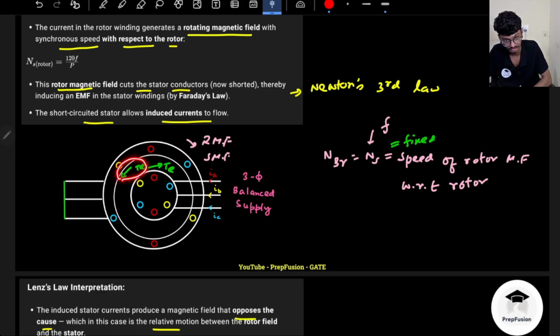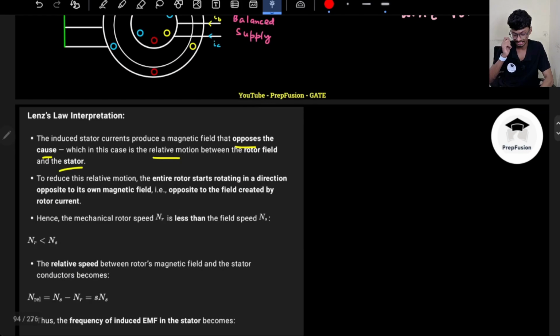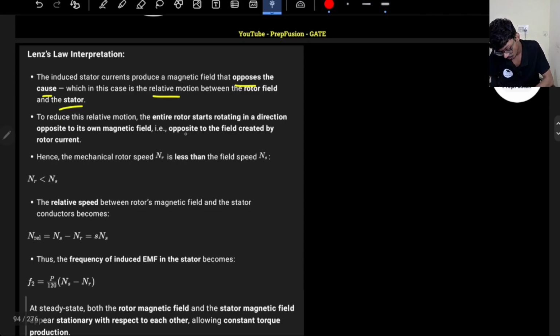So the rotor will receive a torque in the opposite direction of the rotating magnetic field. That's why it rotates opposite to its own magnetic field. The rotor starts rotating in the opposite direction to its own magnetic field. Why? To reduce the relative speed between the rotor and the stator. How can it reduce?